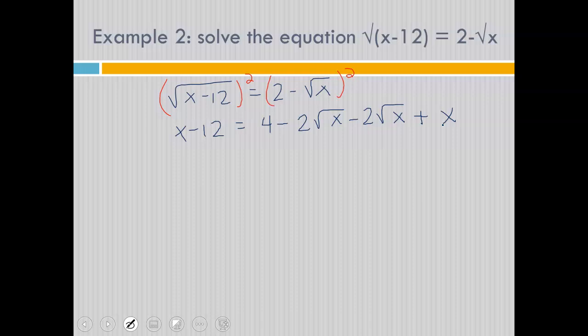We're going to combine like terms, but in order to combine like terms, I also want to simultaneously work at isolating the radical.